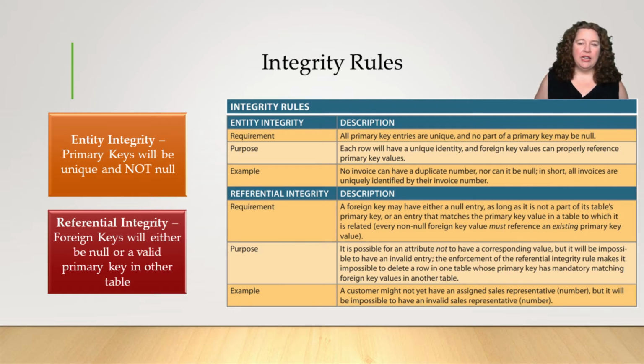Referential integrity is where the referring tables are related, and we're talking about foreign keys. Remember, a foreign key is a field that exists in a table that references back to another table's primary key. We are guaranteeing that our foreign keys will either be null or will be a valid primary key.